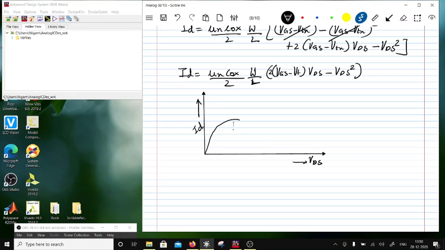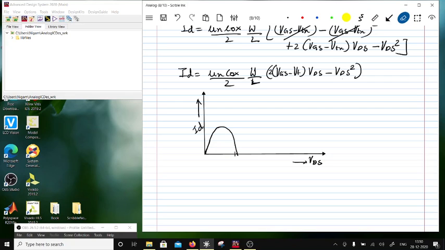So the pinch off is going to occur somewhere. So let's draw this again. Okay, so at some point the pinch off will occur. Otherwise, if pinch off doesn't occur, then the relationship goes like this. So if I were to plot the relationship as per this equation, this is going to be like that.